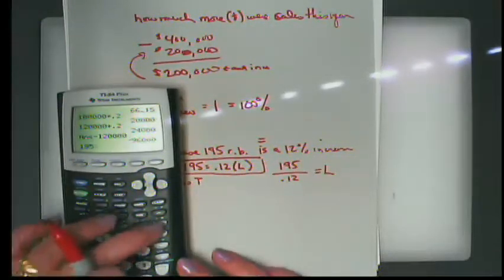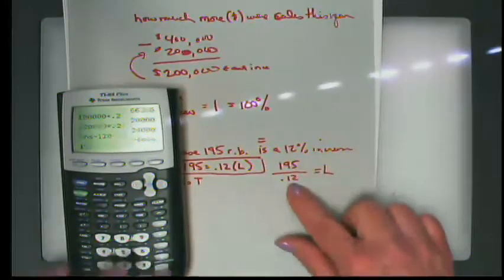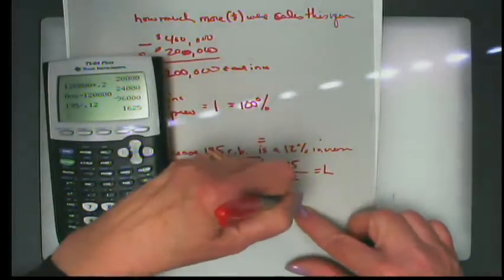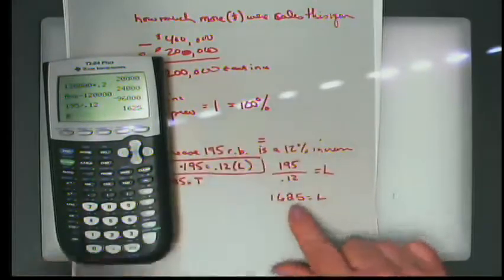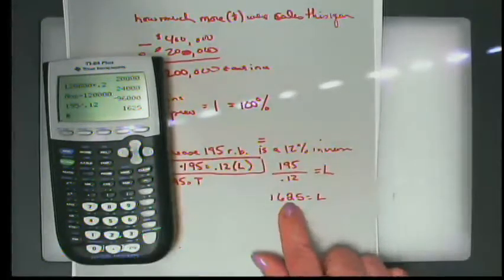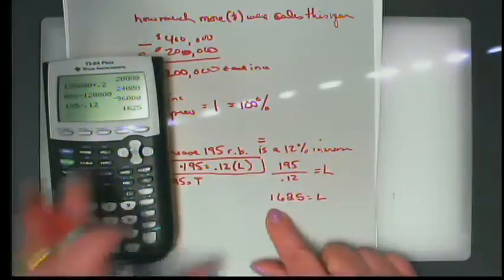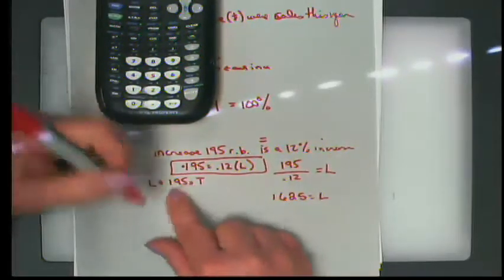And then we can check it back. Actually take the 195 on the top and divide it by the 0.12. And so it turns out that she sold 1,625 last year. So if you're not certain of that, let's go ahead and run this.